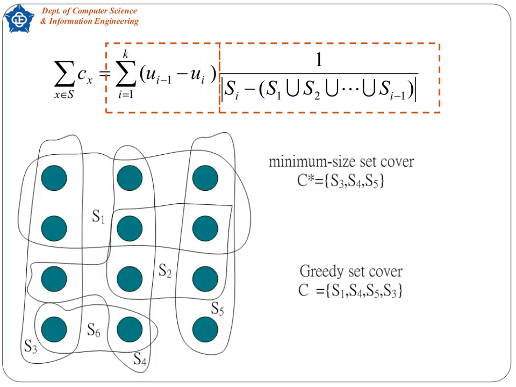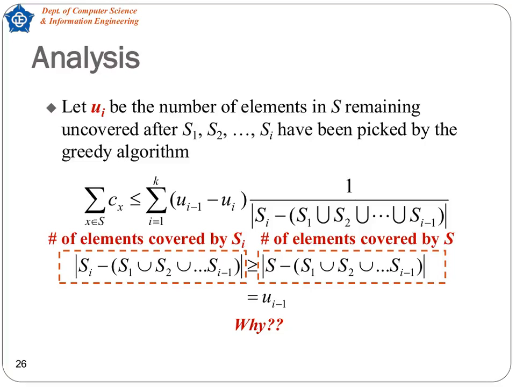Building on our upper bound formula, let's formalize how we charge costs across the greedy iterations. First, define u_i as the number of elements still uncovered after the algorithm has picked sets S_1 through S_i. Our aim is to bound the total cost, the sum over elements of S of c, by rewriting it as a sum over each greedy step.